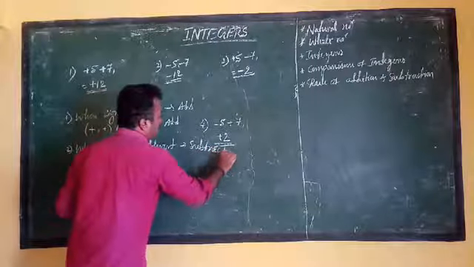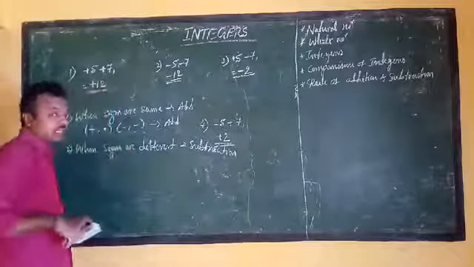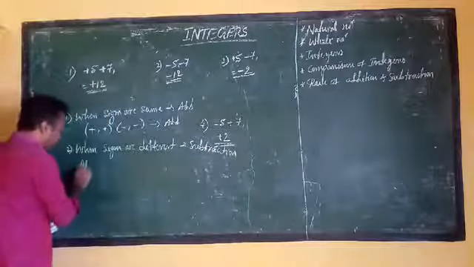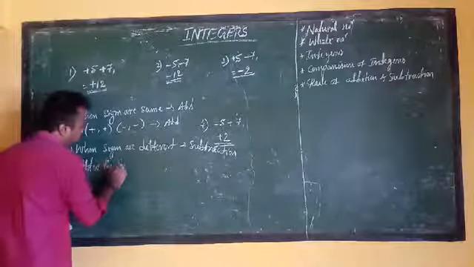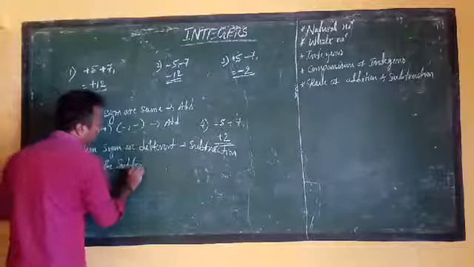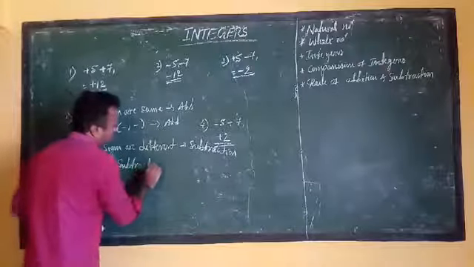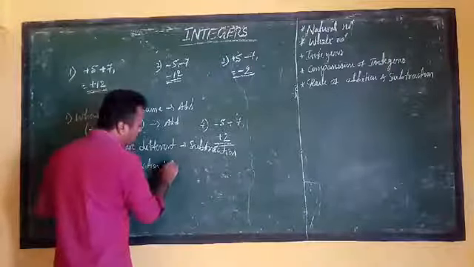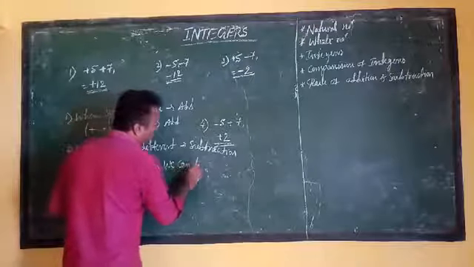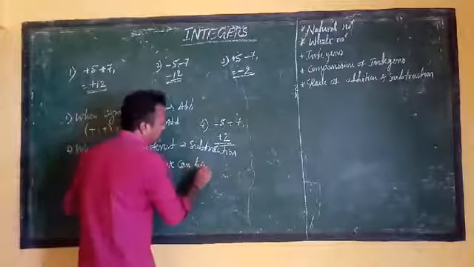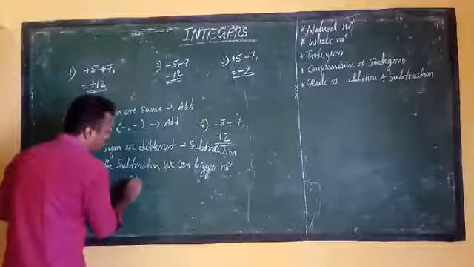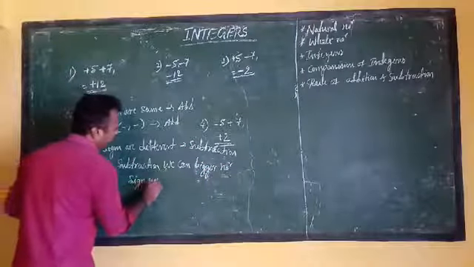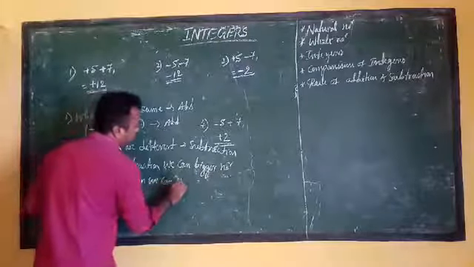Correct? After the subtraction, we put the bigger number's sign in the resulting number. Bigger number sign we put in the answer.